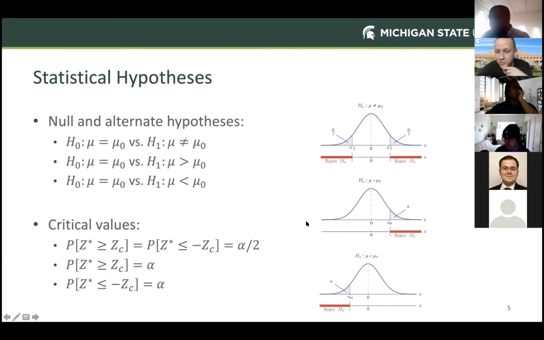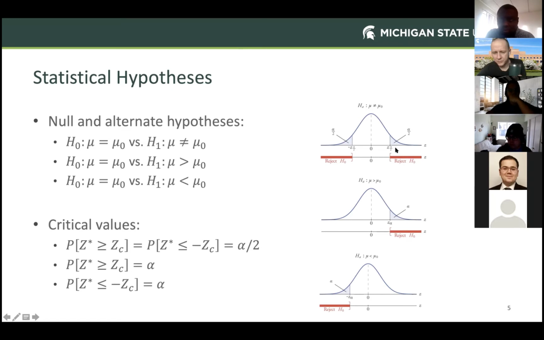As we think about that, these critical values are selected such that they include an area equal to alpha, where alpha is, again, the significance level that we talked about on the preceding slide. In the case of a standard normal or z-test, at alpha of 0.05, these critical values would be at plus or minus what? Does anybody recall?